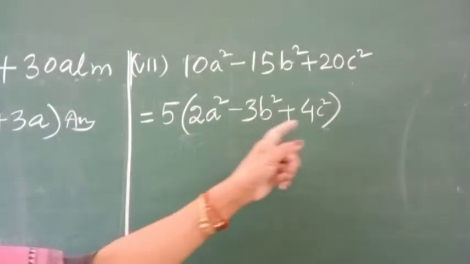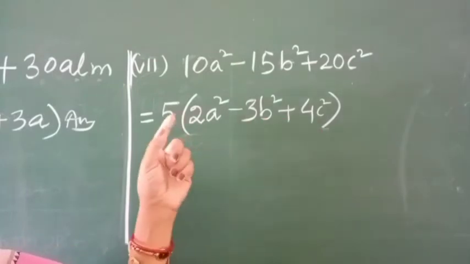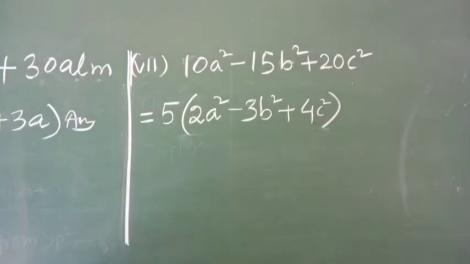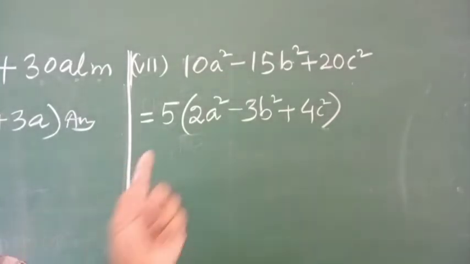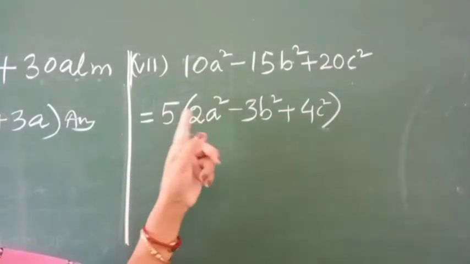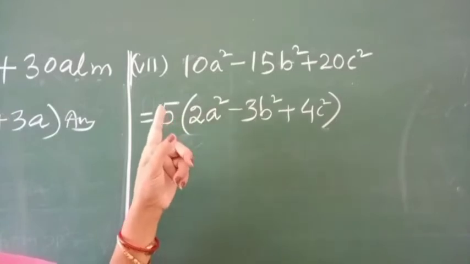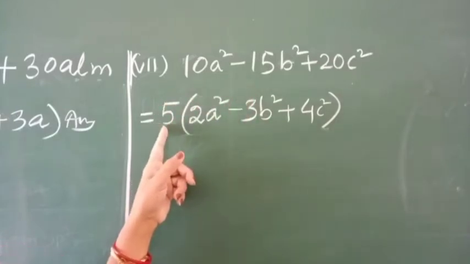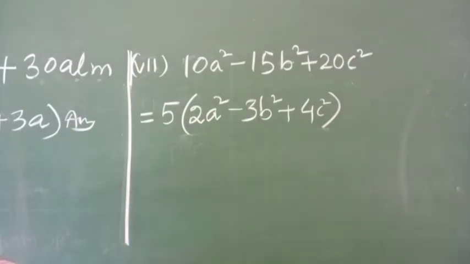Whatever you are writing inside the bracket are totally different. They have nothing in common between them. So whatever we are taking, only the maximum value which we can take common, we have to take outside. So this is known as factorization.